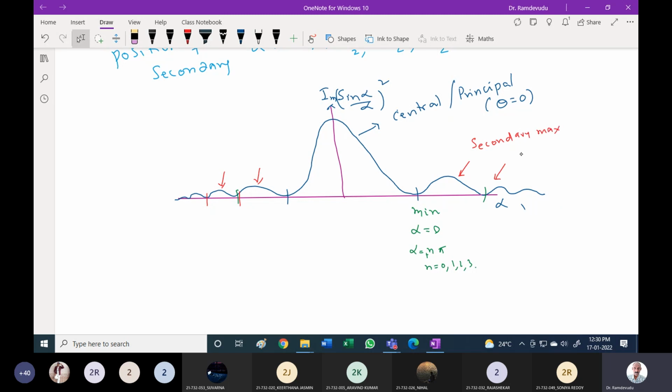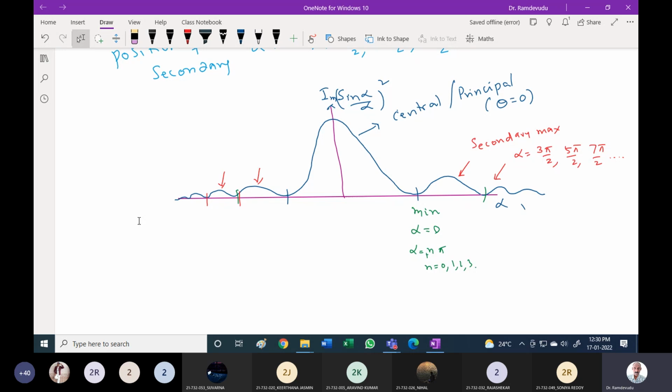These secondary maxima occur where alpha takes the values, 0 is actually given to the principal maximum, so 0 is not given to this. It will be at 3 pi by 2, 5 pi by 2, 7 pi by 2, and so on. Therefore, a diffraction pattern consists of alternate dark and bright fringes of decreasing intensity. That is very important, decreasing order.